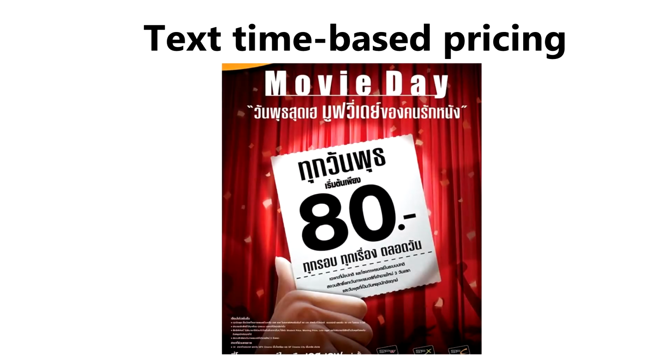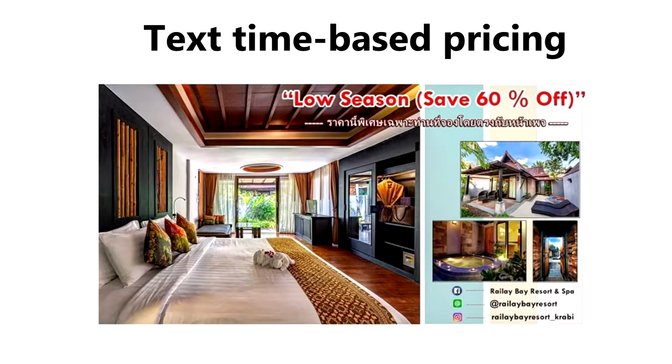Finally, under time-based pricing, a firm varies its price by the season, the month, the day, and even the hour. For example, movie theaters charge matinee pricing during the daytime, and resorts give weekday and seasonal discounts.